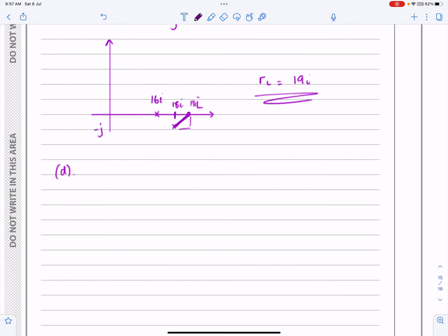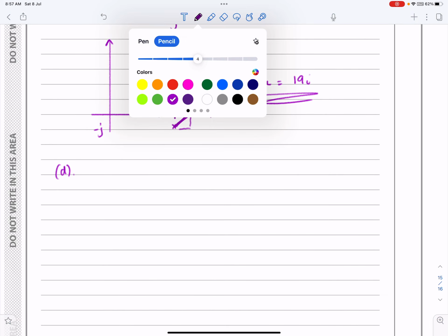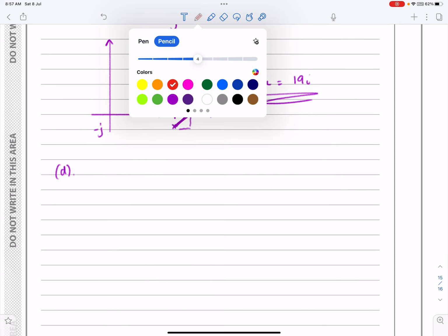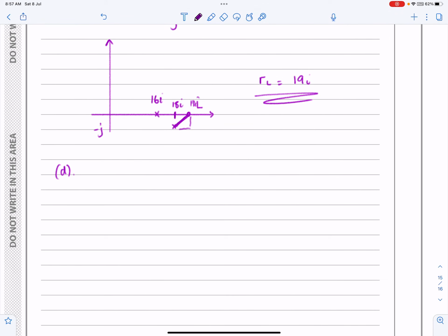And then part D says, can we find the position vector of the ship if it is due south of the lighthouse? So what we've got with the ship is the ship was there and was there. So it's going to be continuing to go down and hit here somewhere, and we're trying to work out what that is. Well, again, this is a fairly standard technique, that what we do is we say R equals R0 plus Vt. Okay, so we know what the ship is.